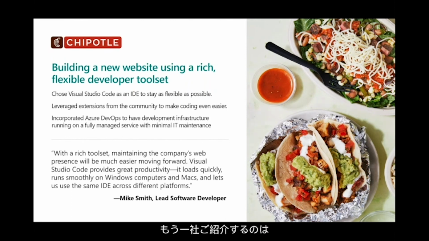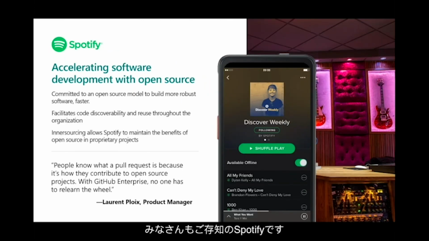Another company, which is popular, I'm sure most of you are using Spotify's music. Spotify is again one of the new age companies that leverages a lot of open source and is committed to it.